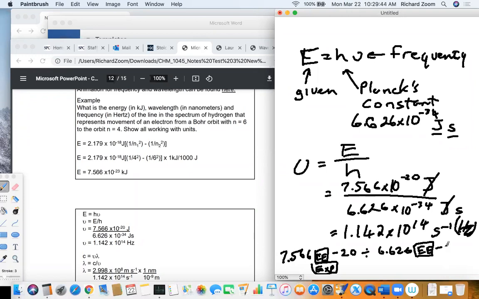If you do it any other way, you're going to possibly end up getting the wrong answer. So you're looking for a pretty big number for the frequency, something in the 10 to the 14 range. 10 to the 13, 10 to the 14, 10 to the 15, something like that. Any questions?